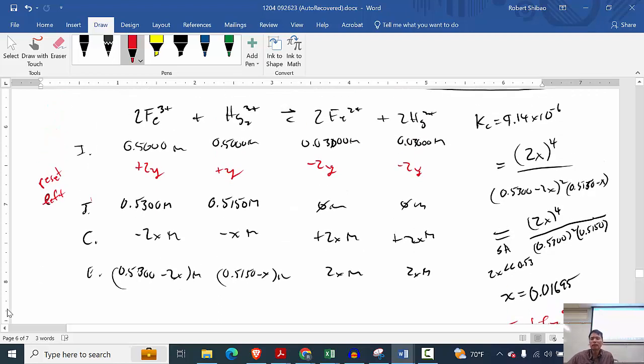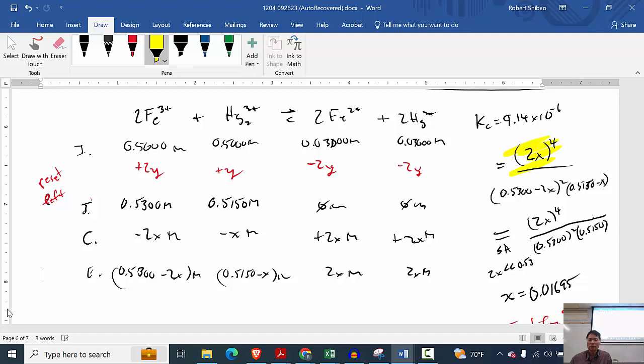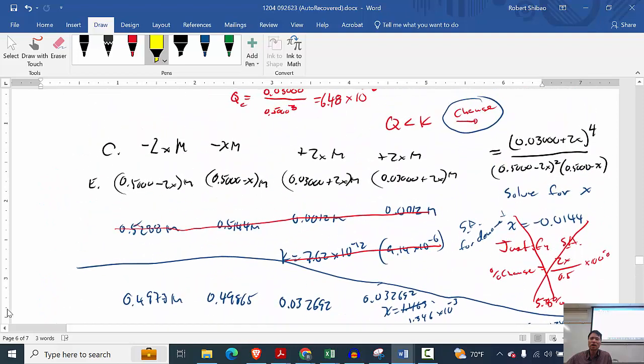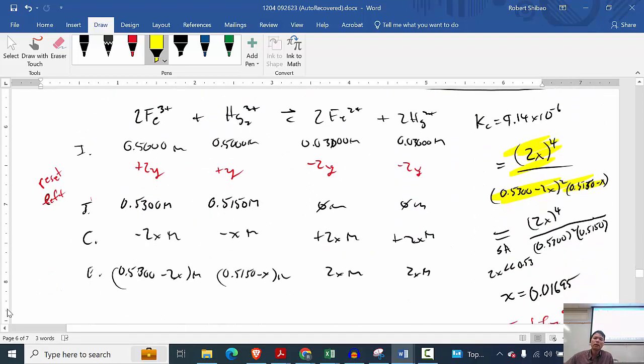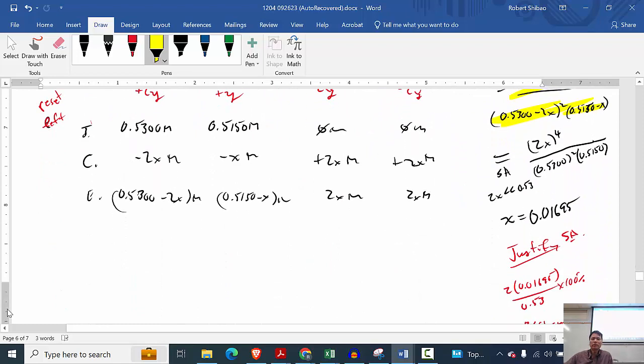Now I have two equations I can use for successive approximations. I could use the reset equation here. I can't use the simplifying assumption equation, or I could use the non-reset equation. Which one will be easier? The reset. And so I'm going to use the reset equation for this.